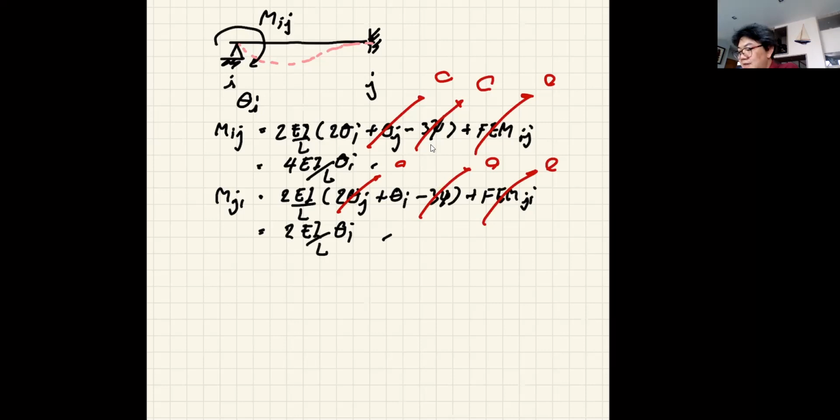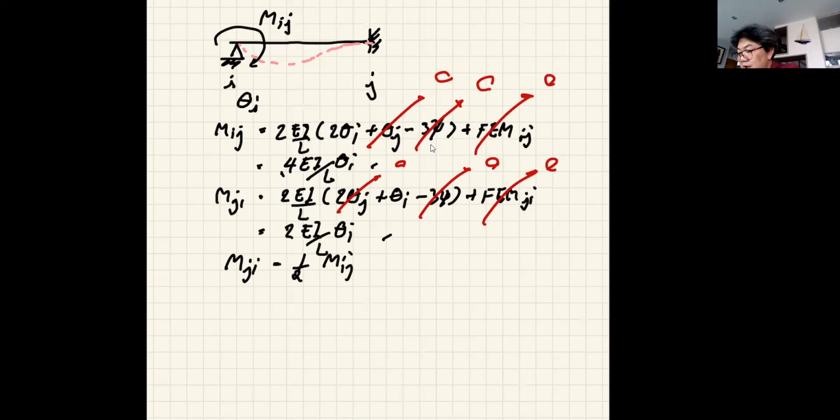So I can safely say that MJI is equal to half of MIJ. Can you see that?